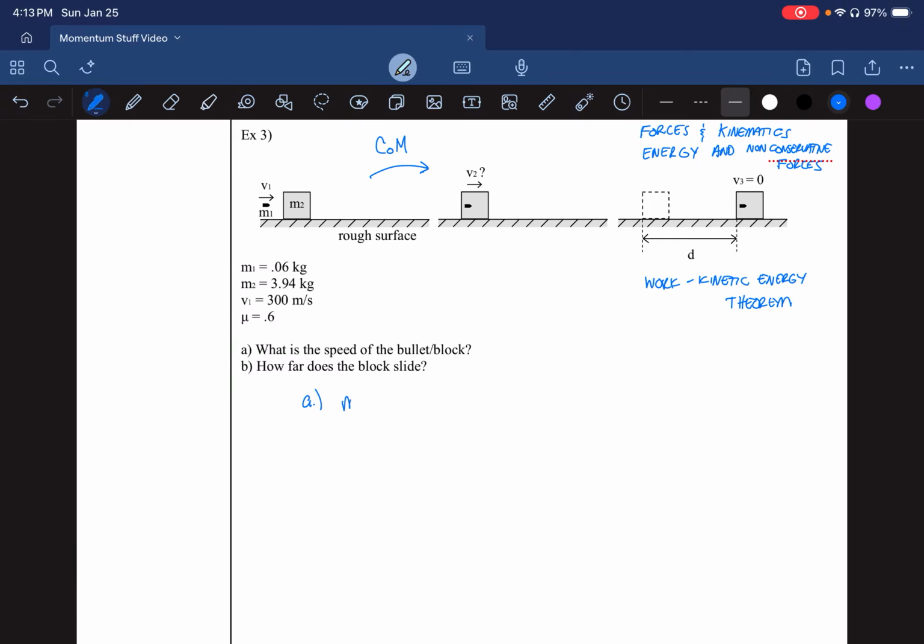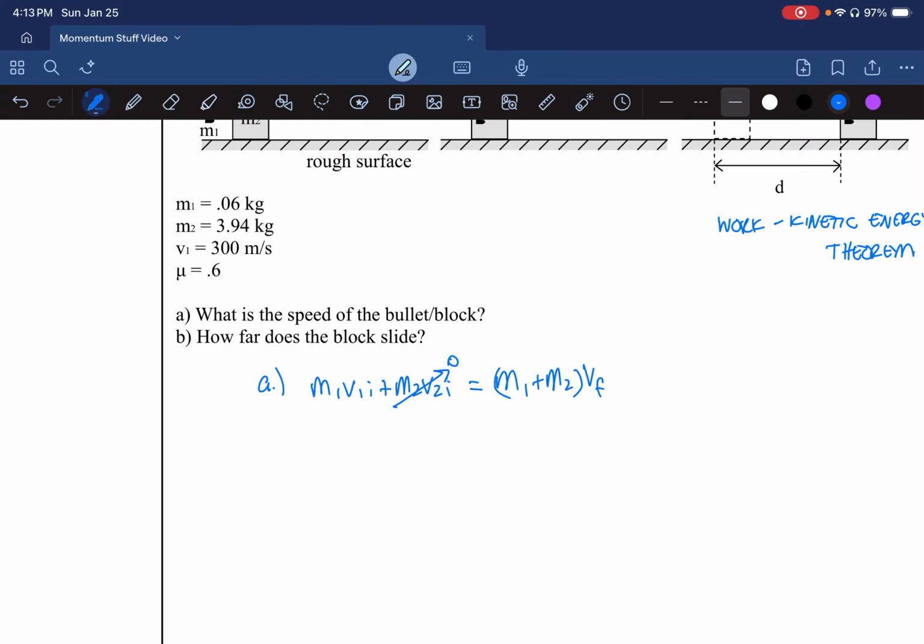Okay, so let's do part A. This is M1 V1I plus M2 V2I equals this. Cool. I think we can just put in numbers. Let's cross this out. The block is at rest. So we'll say, whoops, M1 is 0.06, V1 is 300, equals 0.06 plus 3, it's a weird 3, 0.94.